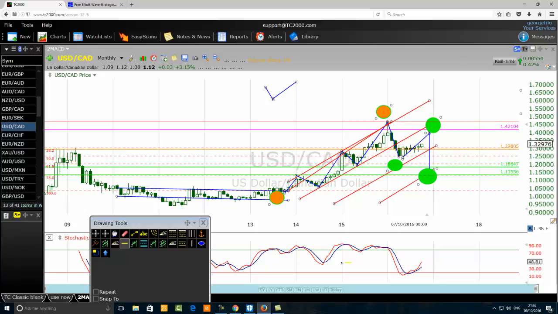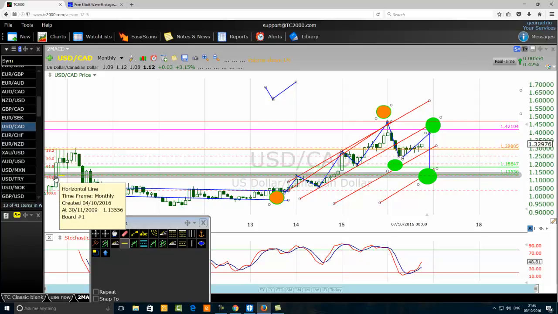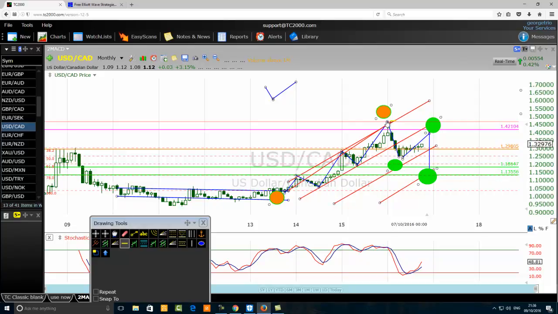I need to remind traders that in this particular case, that 78% Fibonacci retracement of the multi-wave is equal to the 161.8% Fibonacci extension of the move from here down to this level here. Let me explain myself again.